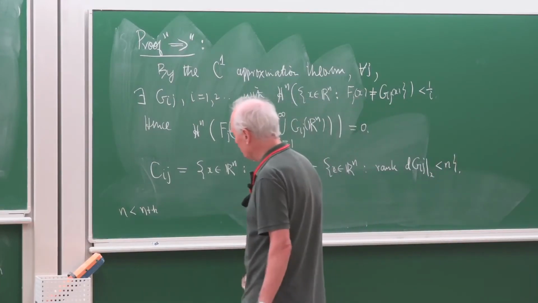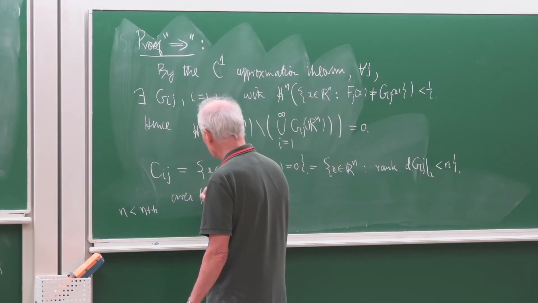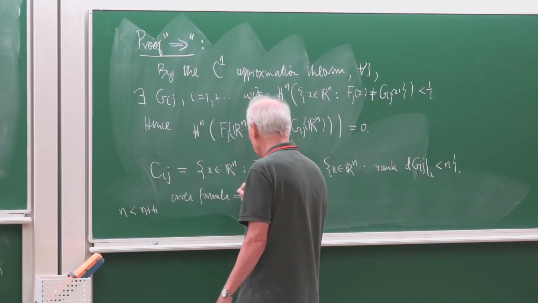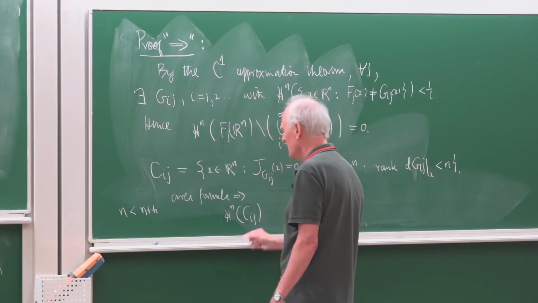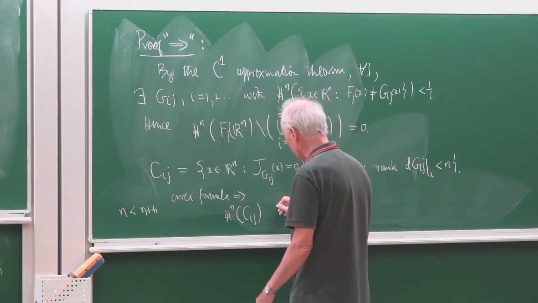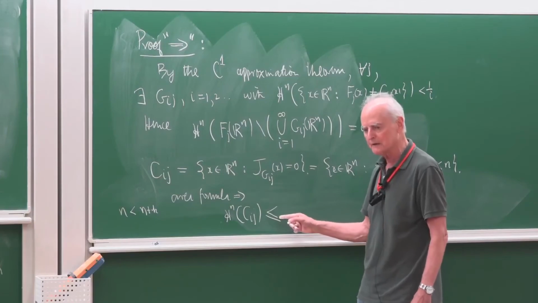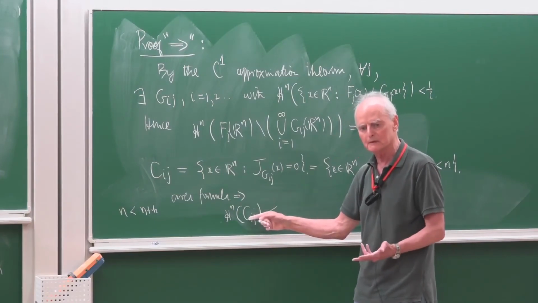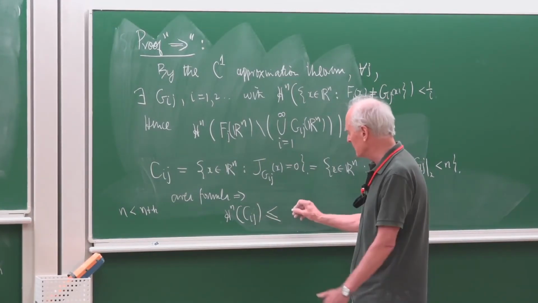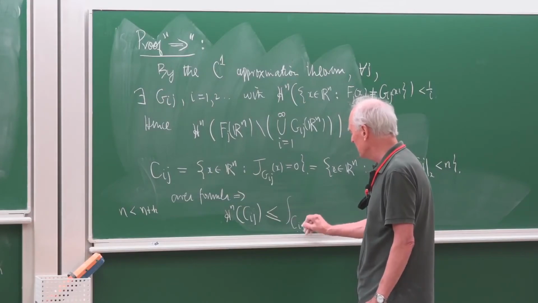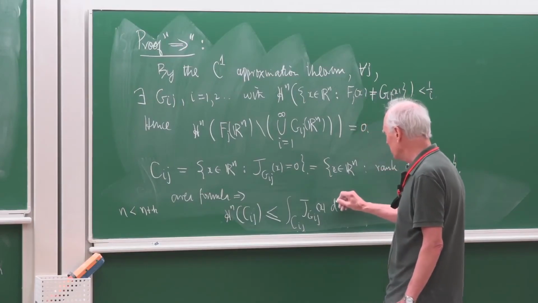Now, by the area formula, the n-dimensional Hausdorff measure of Cij, now this is not a 1-1 map, so this is less than or equal to, because remember, the area formula is an exact equality counting the number of pre-image points. Here we're just taking one pre-image point for each point. So it's less than or equal to the integral over Cij of J Gij(x) dLn(x).